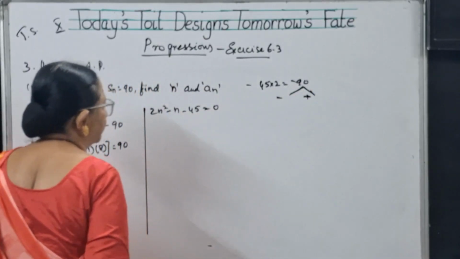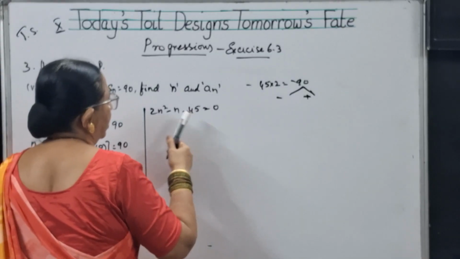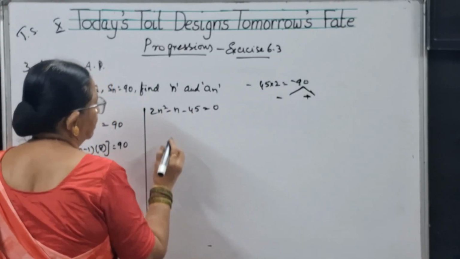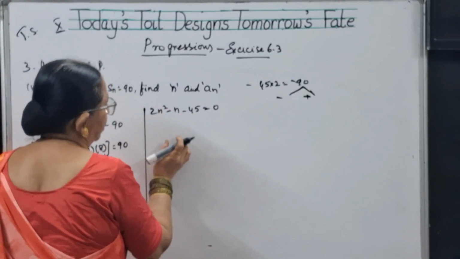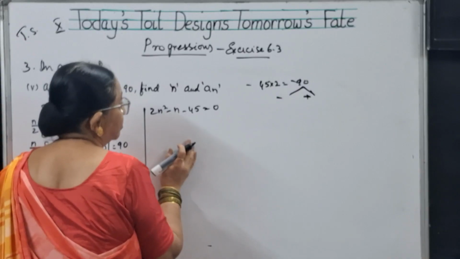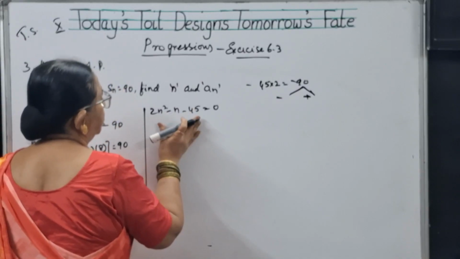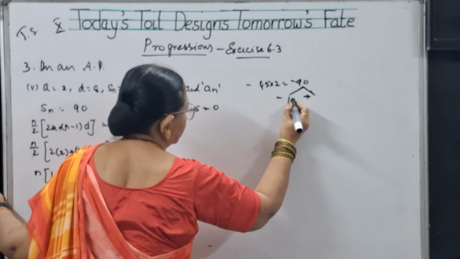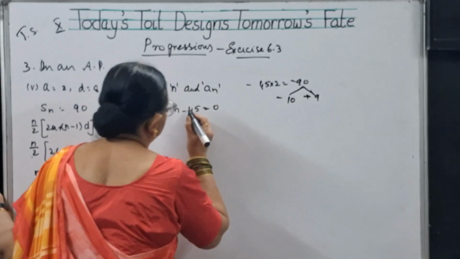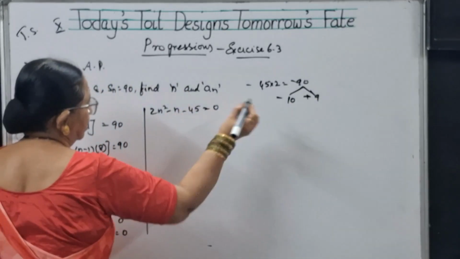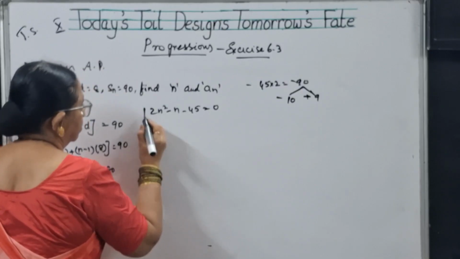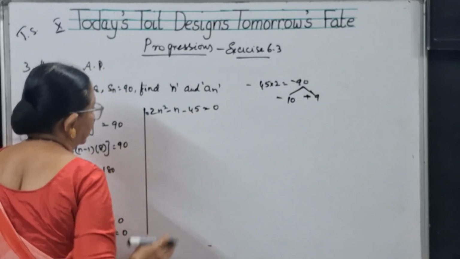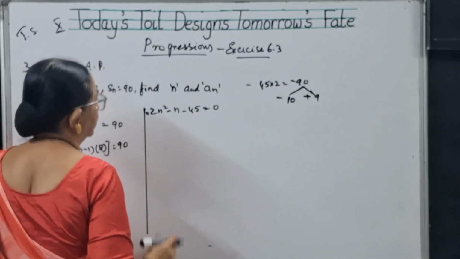I should have two factors such that on adding I get minus 1, that is minus n, and on multiplying I get minus 90. It is nothing but 10 and 9. If I add, I'll get minus 1, so that is a perfect bifurcation of the number. So, splitting the middle term.